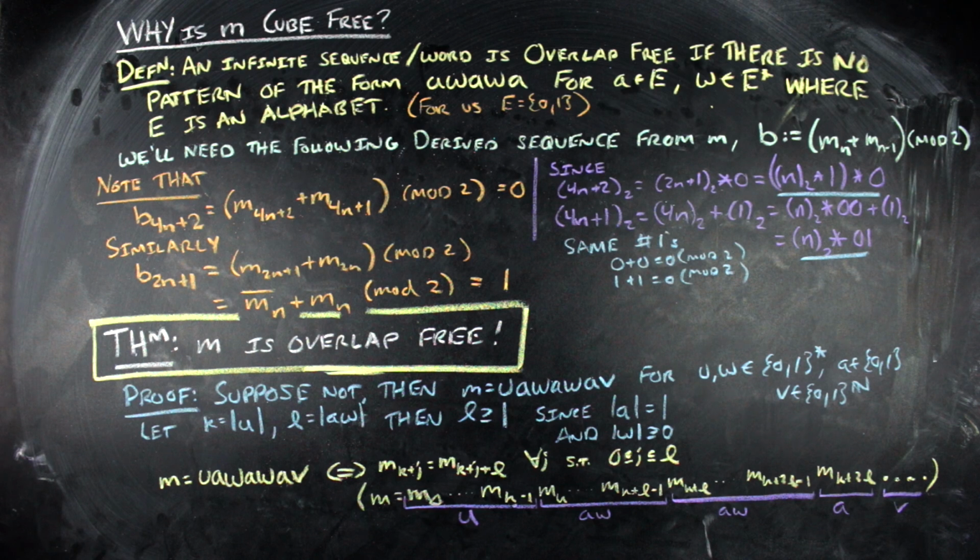Lastly you have M sub k plus 2L, which is your last a of the uawawa. After that you just have v, and we don't care about v. It could be whatever you want it to be, because we care about this finite piece of M.